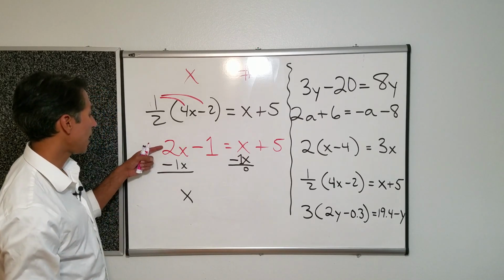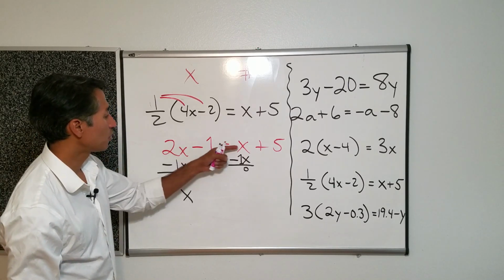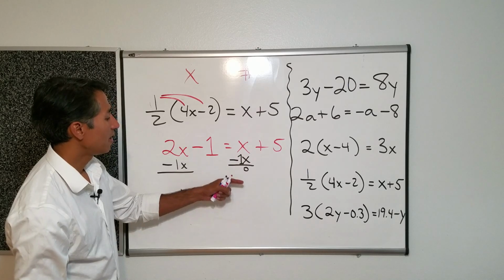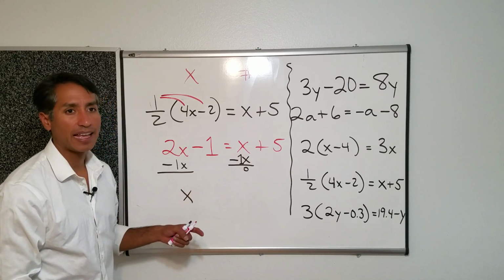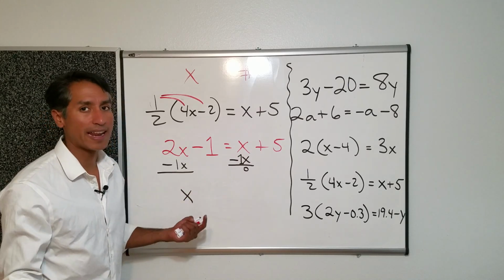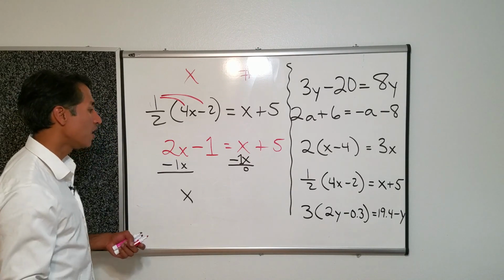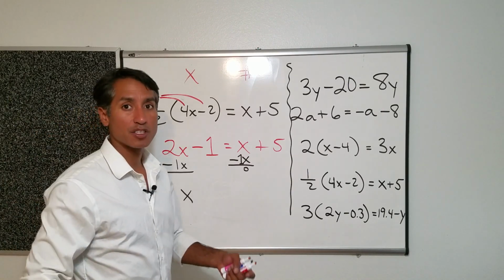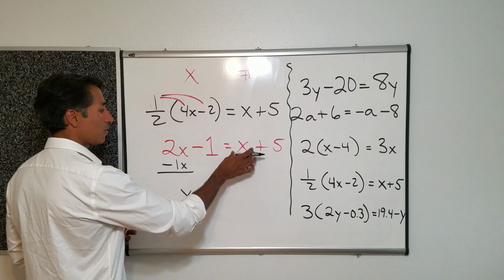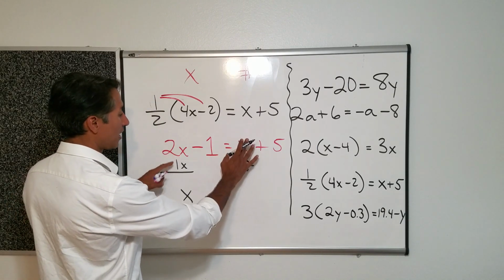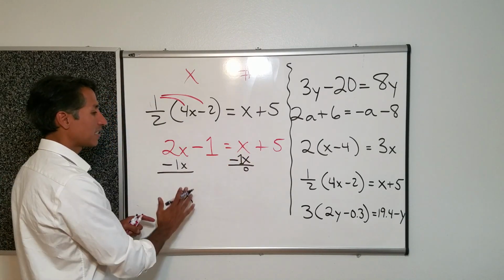If I were to subtract 2 x's from each side, now I have a negative x, and it just requires you to do 1 extra step. It's not that bad. But if you're starting to get better at this or more confident, I would look for these ways that you can keep everything positive.